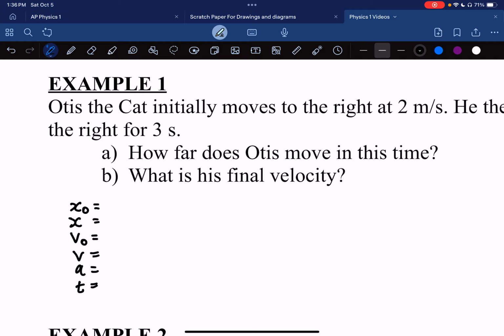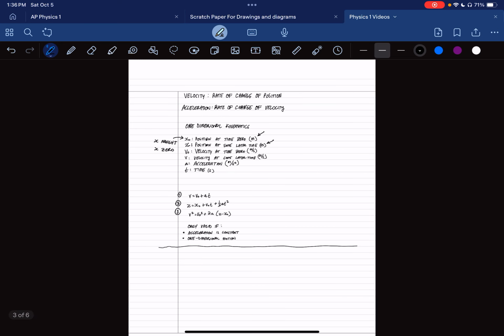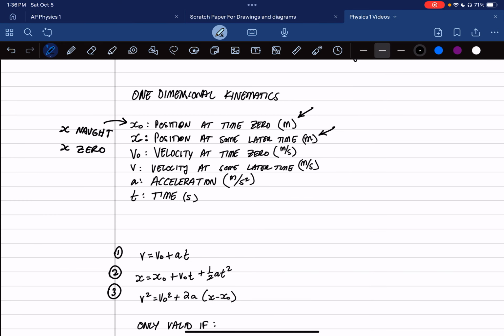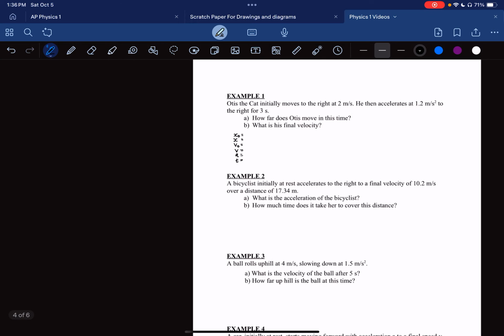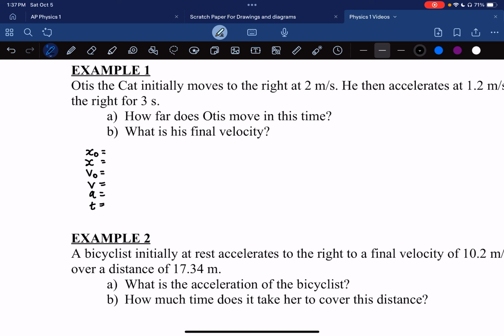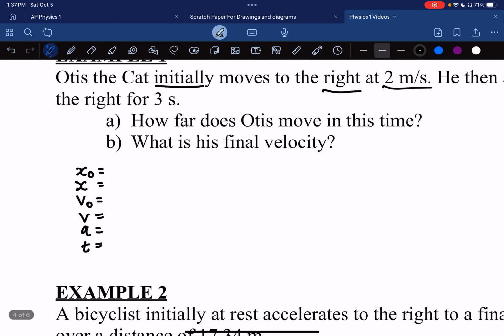So Otis the cat initially moves to the right at 2 meters per second. So again, this is where you really have to maybe go back to your notes and read these. So velocity at time 0 is where that number would go. It's got a speed and a direction, so that's velocity, and it's initially moving, so that's at the start of the problem.